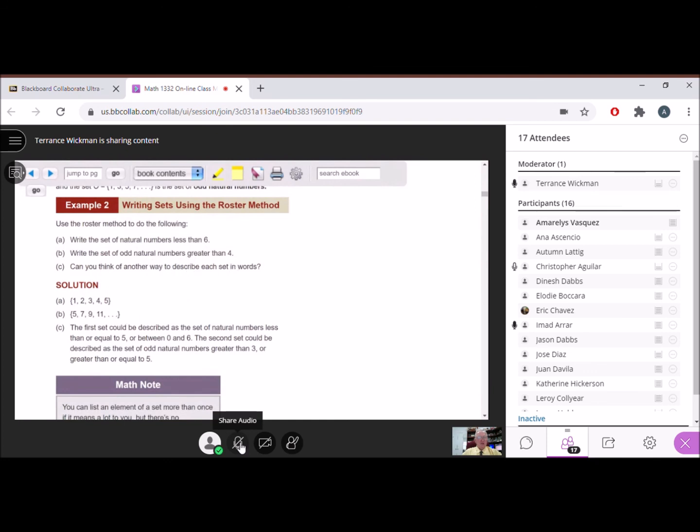It's 5, 7, 9, 11, and dot, dot, dot, keeps going on and on. This has what we call set-builder notation, and it looks like this. This is pretty easy. This is the listing. They call it the roster method.